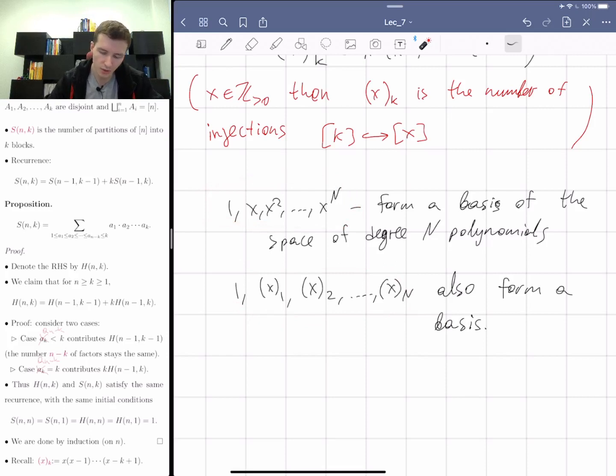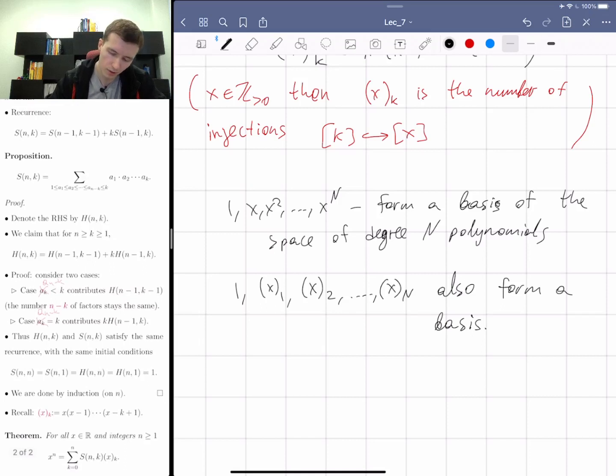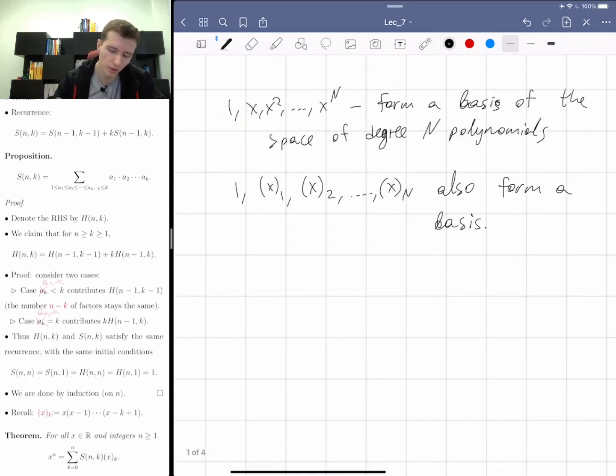So what is the matrix which takes this basis to this basis? It turns out that that matrix is precisely the matrix of Stirling numbers.